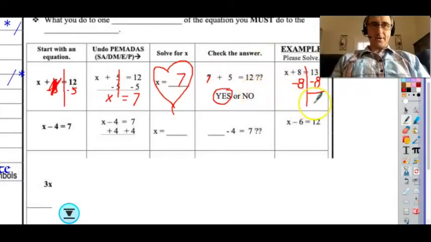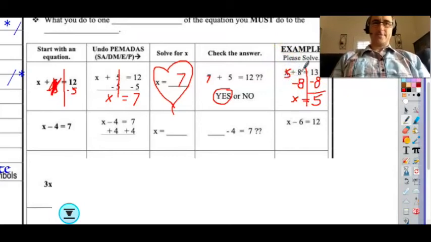Seriously, use that calculator. I'm still waiting. 5. Let's double check it. 5 plus 8. No, use the calculator. 13. Nice.